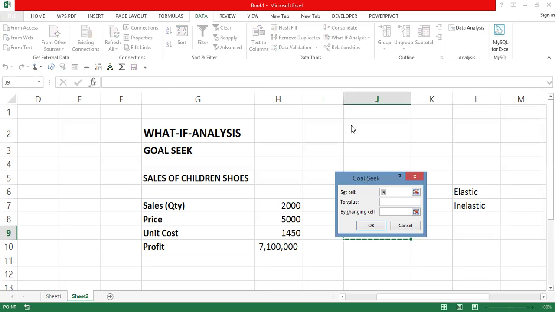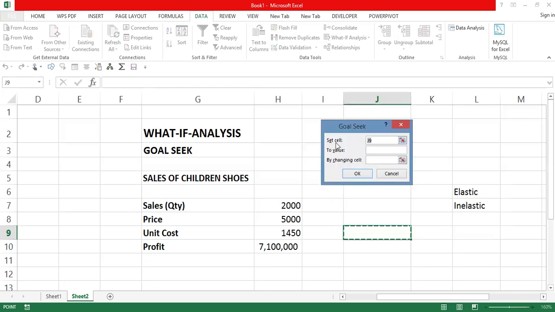So it's asking you a question. Set cell, what? Is this cell we want to set? This one. We are setting this cell. Set it to what?